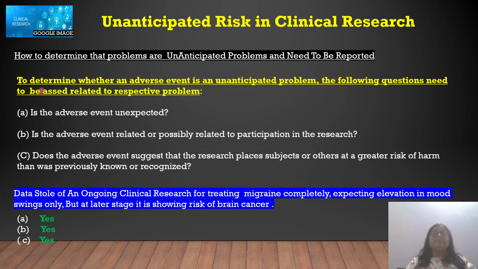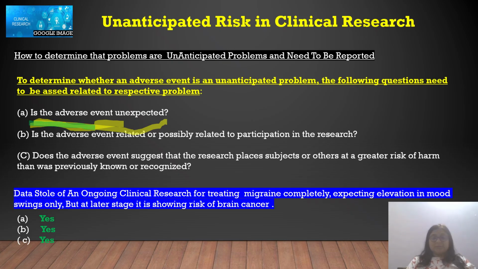To assess this question, the answer is hidden in the answer of another three questions. So what is the first question? First we will see: was the adverse event unexpected or was it expected?